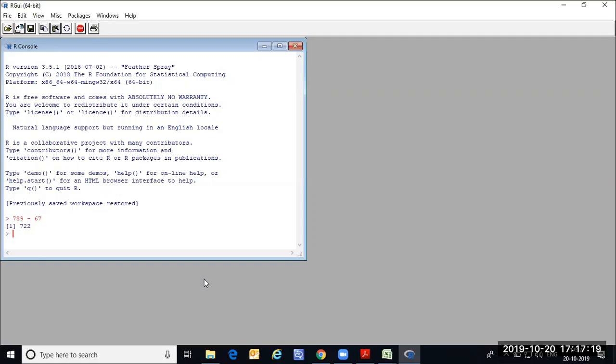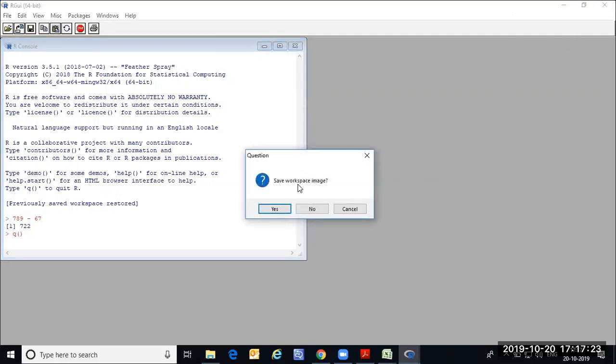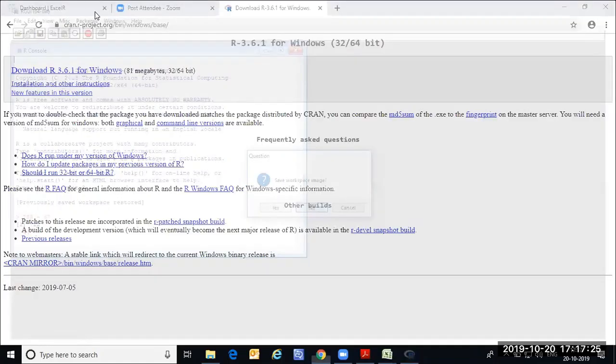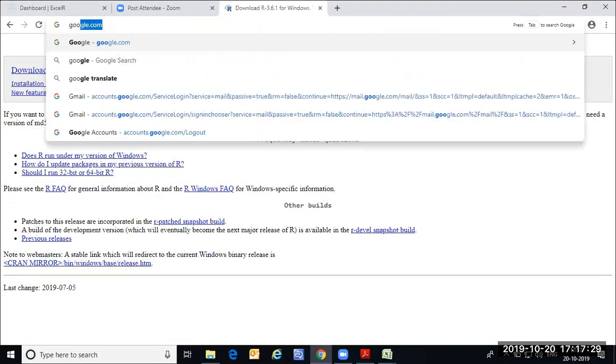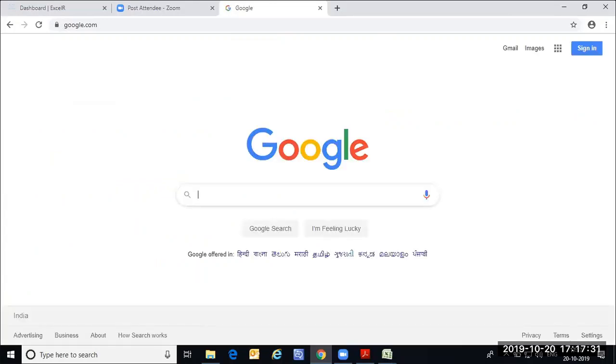Once you are done with R download and installation, just go back to Google. That is a very plain notebook kind of UI, right? We cannot make use of that for programming. We need IDEs, integrated development environments, to be able to manage our code more intelligently and more cleanly.